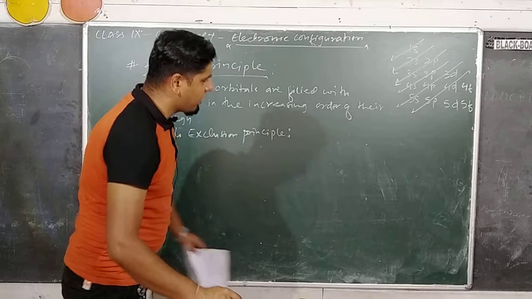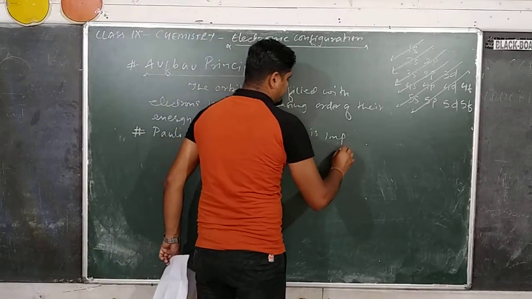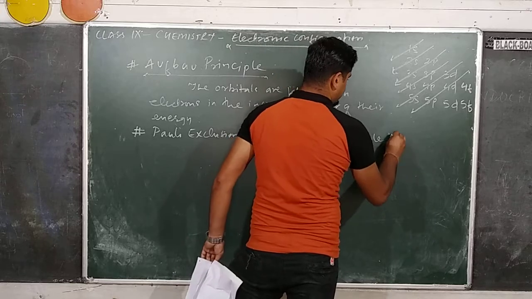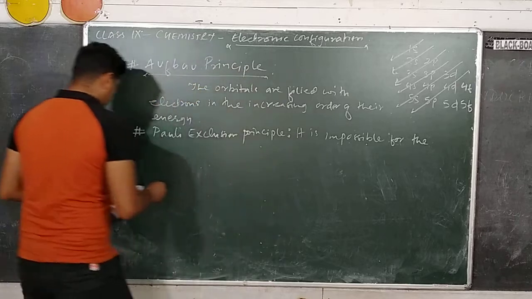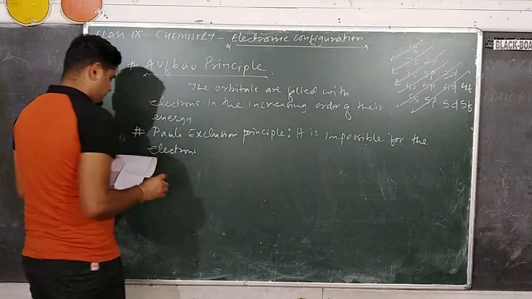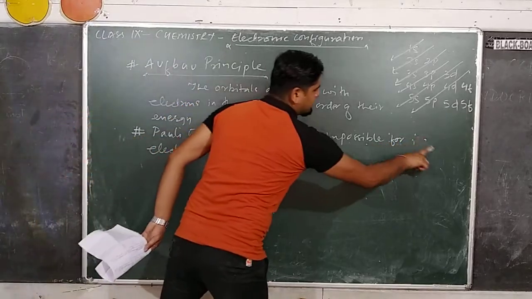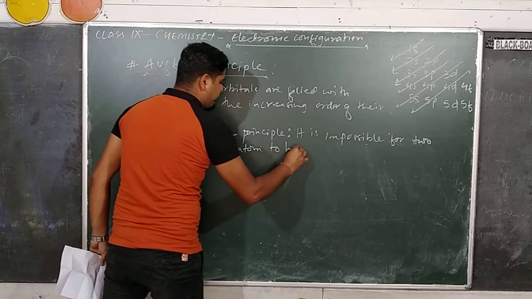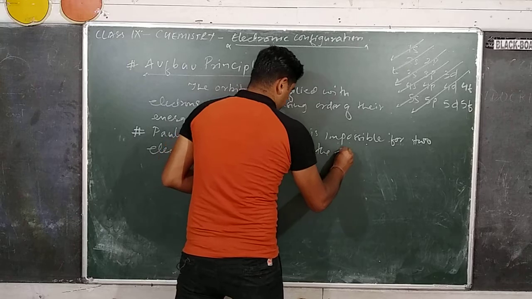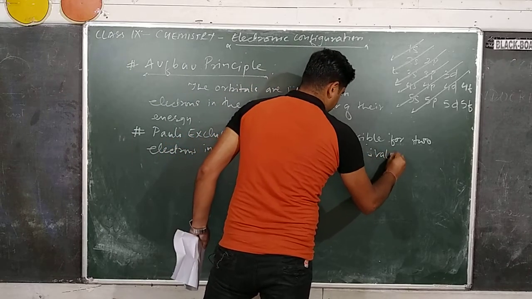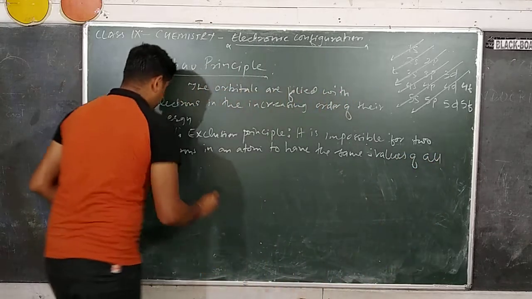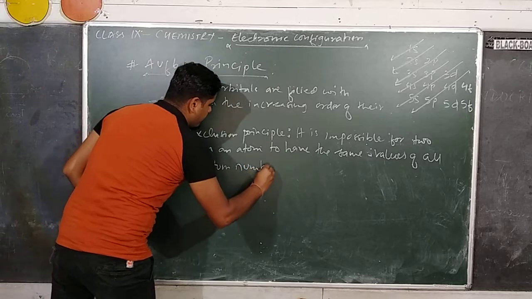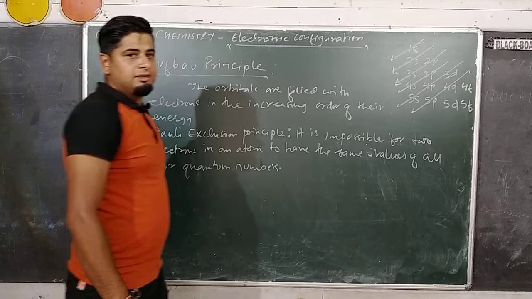This states that it is impossible for two electrons in an atom to have the same values of all four quantum numbers.